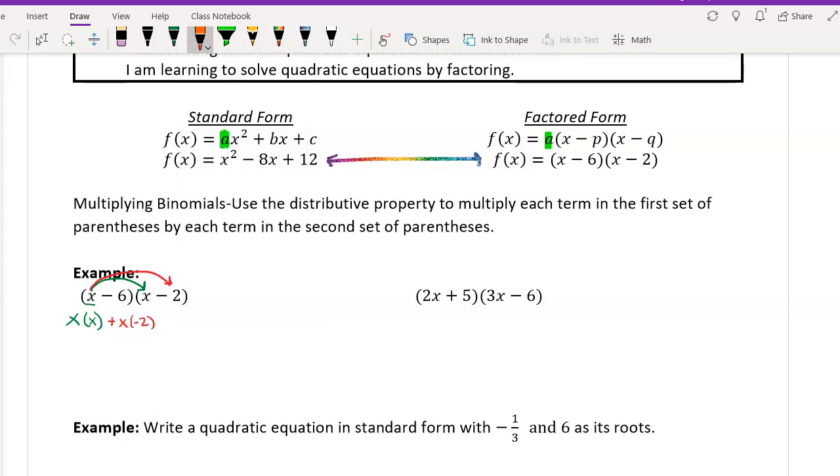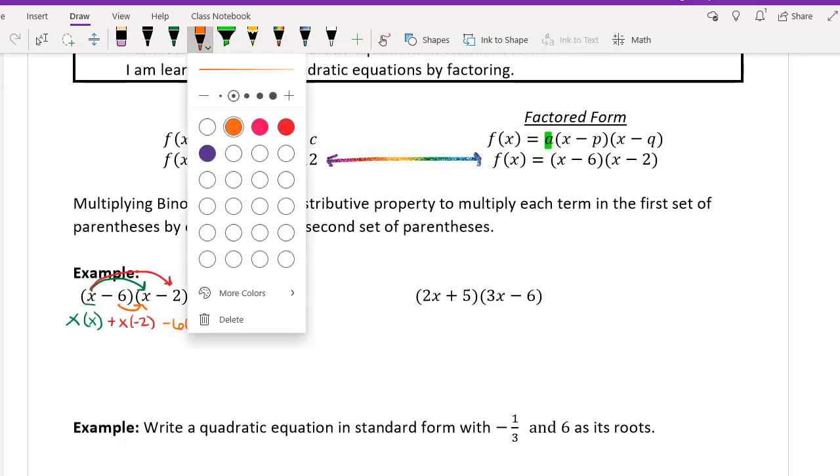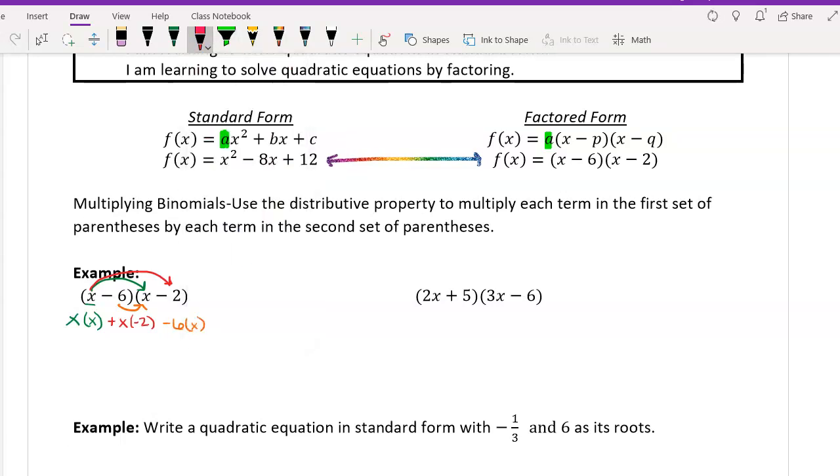Next, I'll go the second term times the first term. So negative 6 times x. And then we'll have the last and the last. So we have negative 6 times negative 2. All right, so I color-coded it so you can see how we got each term.